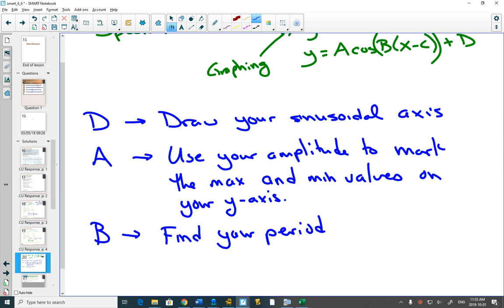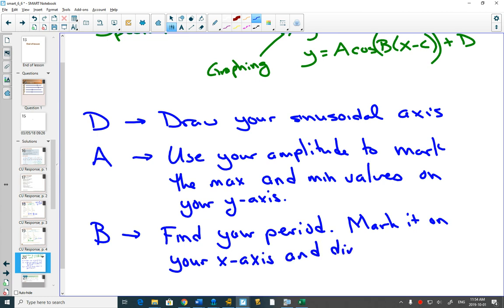Next, your b value. You're going to find your period. You're going to mark it on your x-axis and divide it into 4 equal sections.